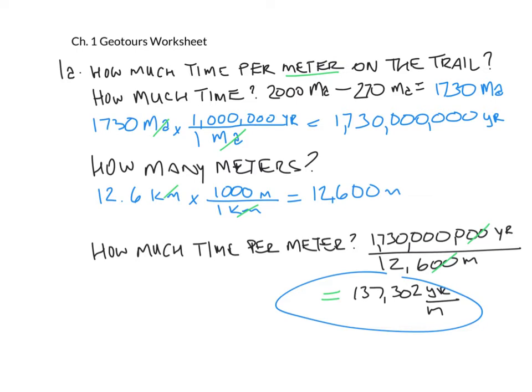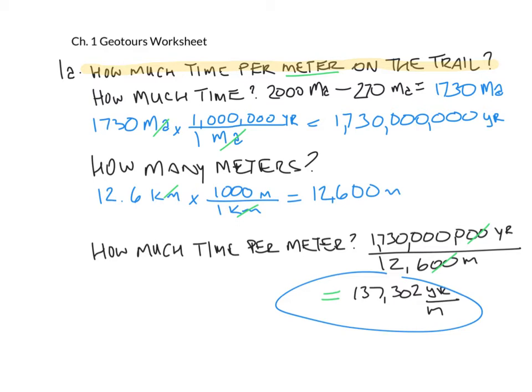In any case, as you were to do this walk, how much time per meter on the trail are you walking through? Rock, as is exposed at the Grand Canyon, records geologic time because it takes time to make the rock.